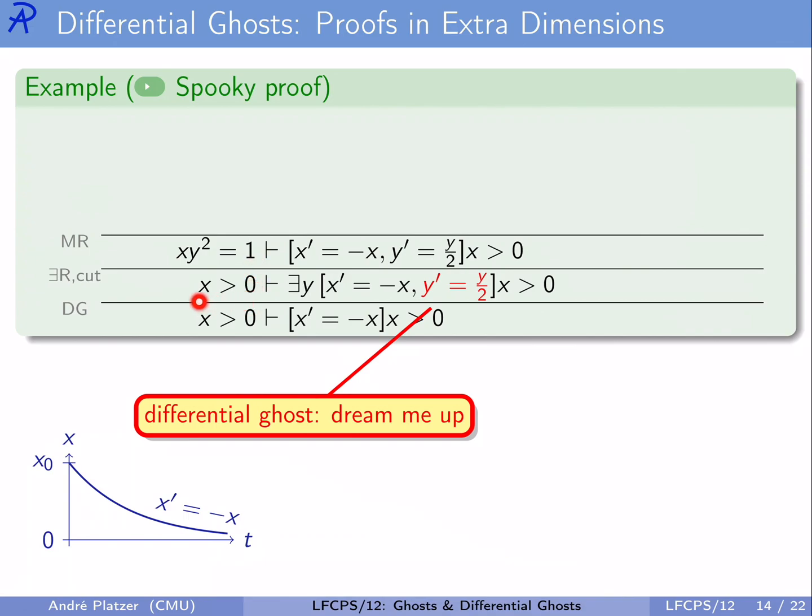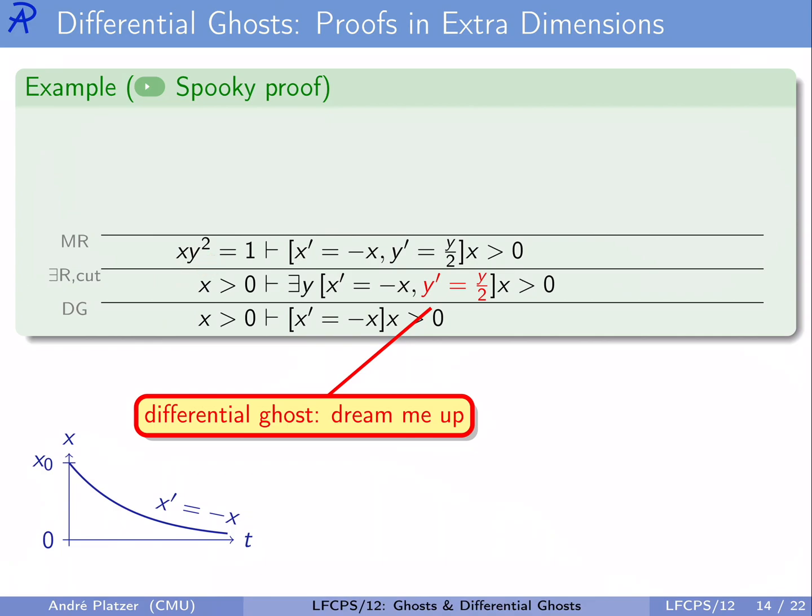Well, because if we know that x is positive, we also know that we could have chosen a y such that xy squared is 1. If we multiply x with a non-negative number and get 1 out of it, that's precisely possible because x itself is positive. It wouldn't have been possible if x were 0 or a negative number, because y squared is always greater or equal to 0.